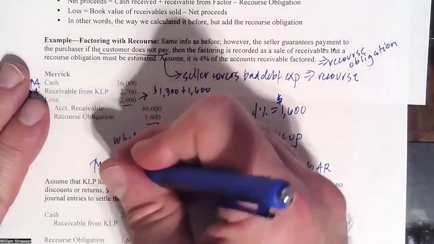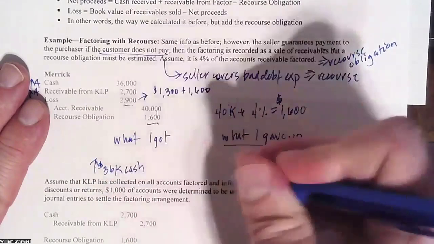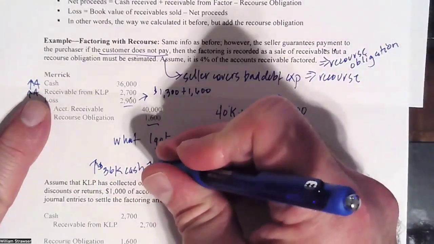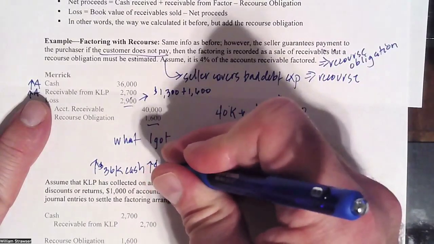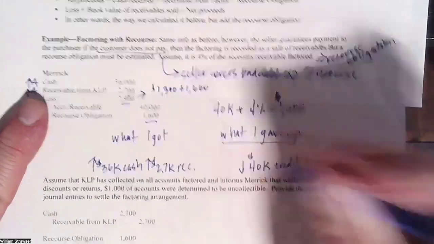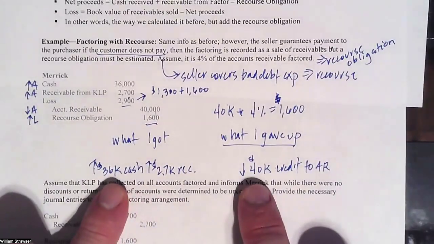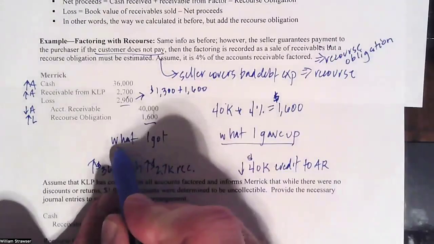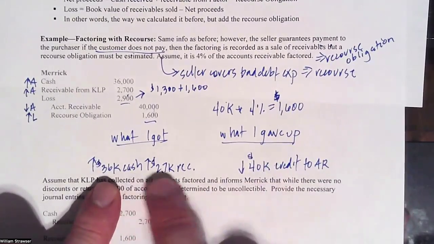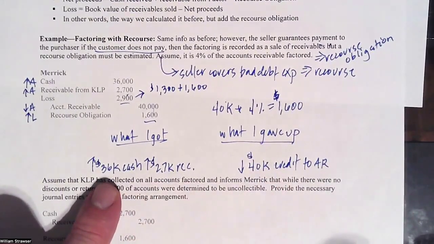So that's an asset. We still receive the 2.7 thousand receivable from the factor. So this would indicate what we saw before without recourse. The $1.3 thousand differential between these two added together and 40,000.